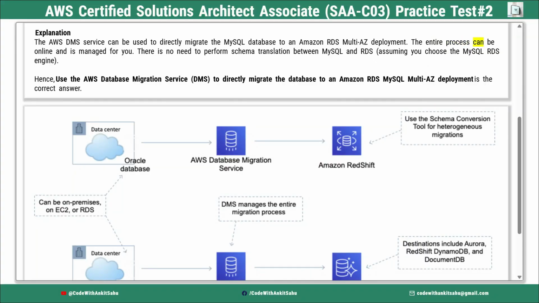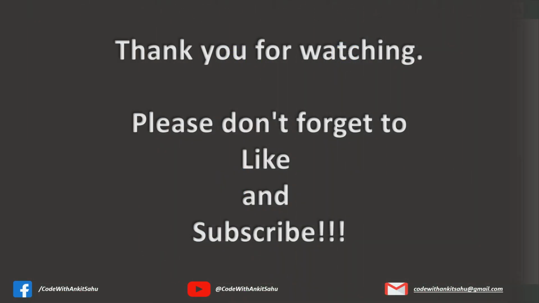The entire process can be online and is managed for you. There is no need to perform schema translation between MySQL and RDS, assuming you choose the MySQL RDS engine. Hence, use the AWS Database Migration Service, DMS, to directly migrate the database to an Amazon RDS MySQL multi-AZ deployment is the correct answer. References.